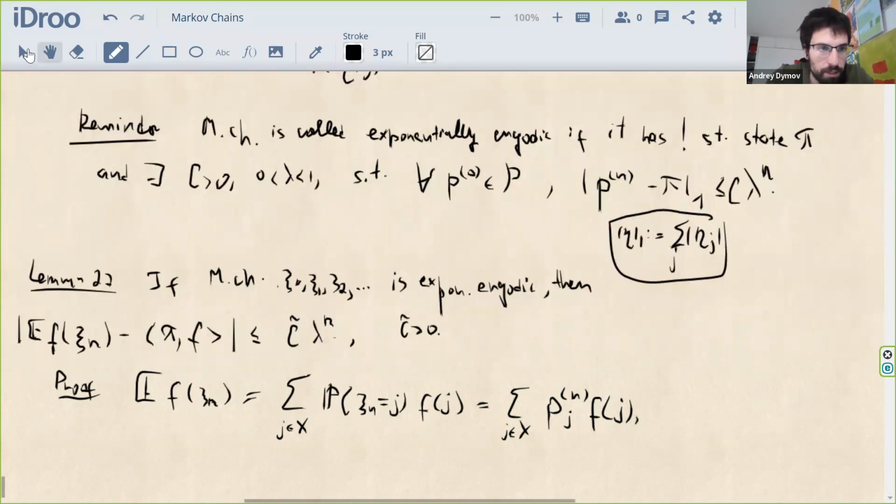But this guy, I want to say that its components converge to the components of the stationary state.